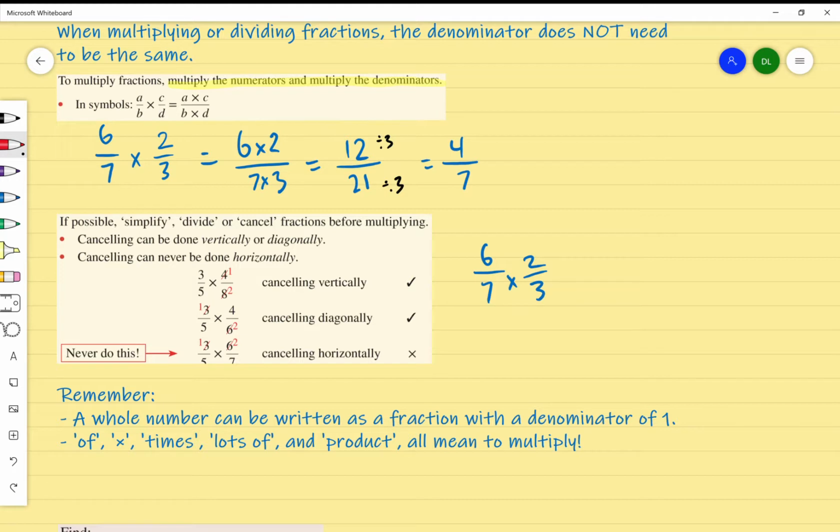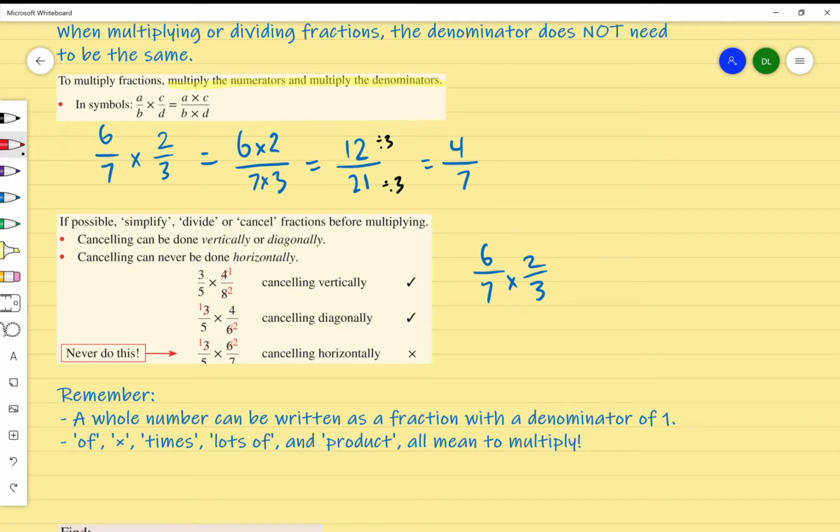For example, I can cancel this way, that way, or this way. It doesn't matter as long as it's not horizontal, and the reason being we have to cancel one at the top, one at the bottom. So this way, or this way, or this way is fine, but you should never cancel horizontally, because you need a numerator and a denominator.